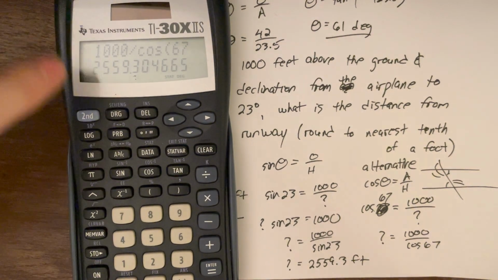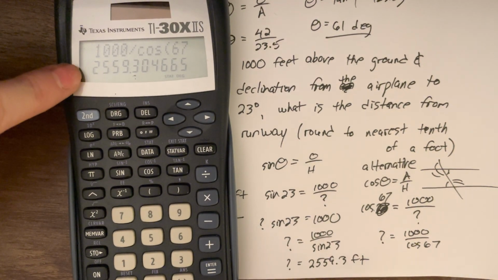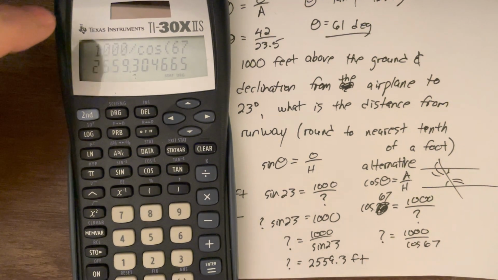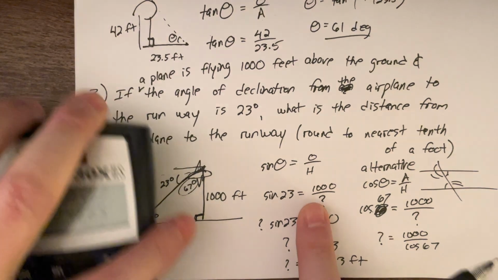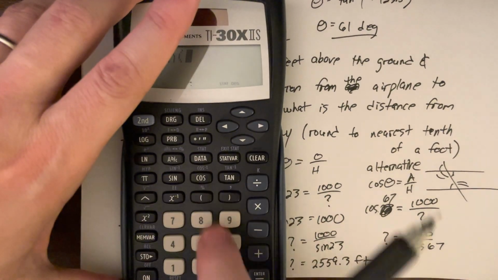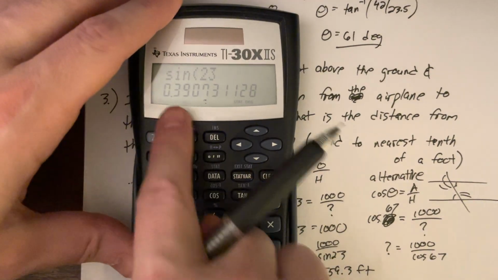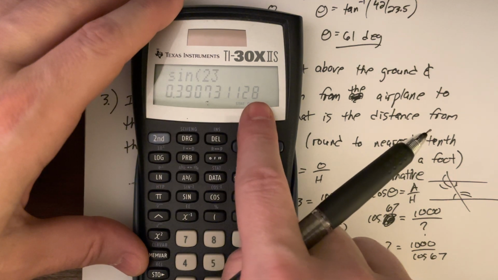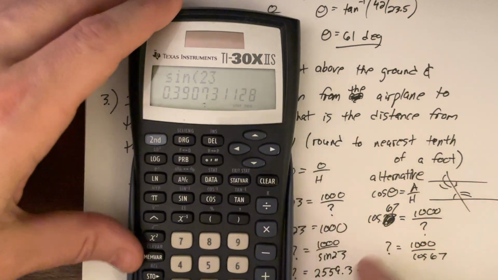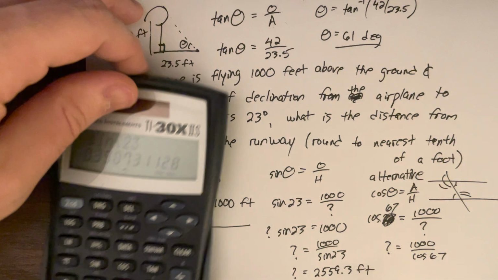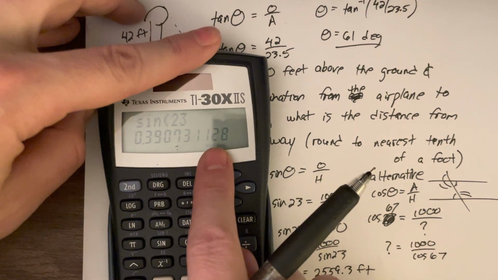So any of these problems, letting my calculator do the heavy computation, do it all at once, because again, if you start doing multiple steps, if right here you start saying like, okay, well, sine of 23 is this, you're not going to copy all the decimal places. So therefore, you're going to round off. And then you divide that over, and you're doing 1,000 divided by a rounded off number.